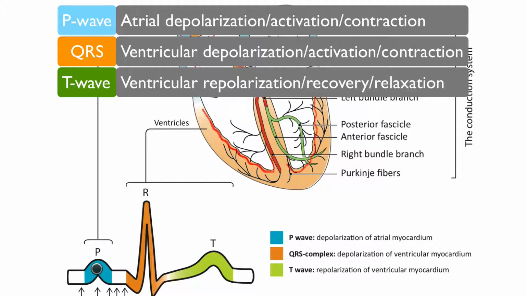And that is simply because atrial recovery would occur somewhere between this point and this point, which means that atrial recovery will occur simultaneously with ventricular activation. And because ventricular activation generates much stronger electrical potentials, they will dominate this phase in the cardiac cycle, which is why we are only seeing the QRS complex and we cannot see the atrial recovery.